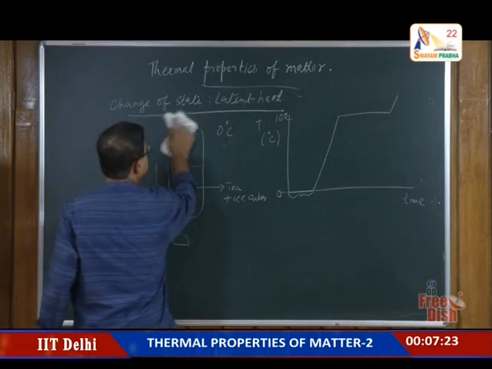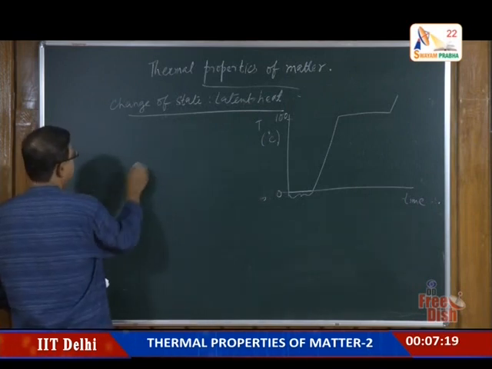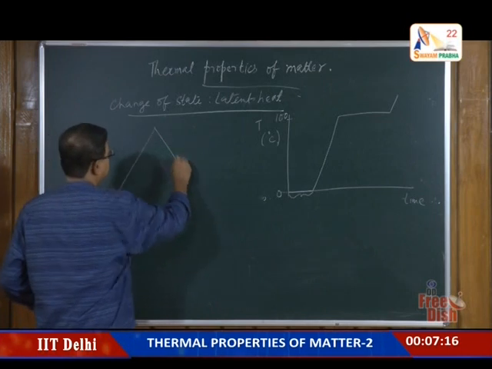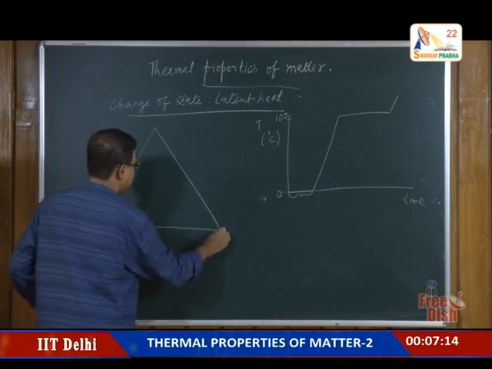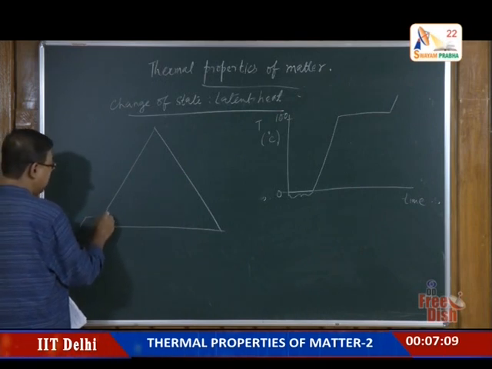We can now erase this, that we have three. So let's draw a slightly bigger equilateral triangle. So at this vertex of the equilateral triangle, we have a solid.